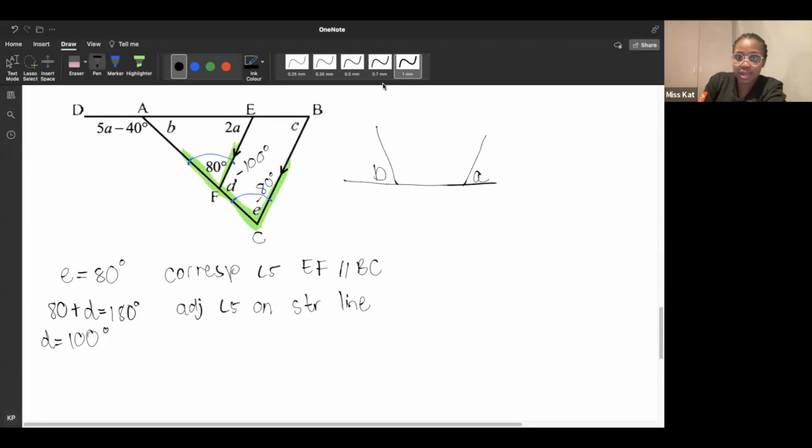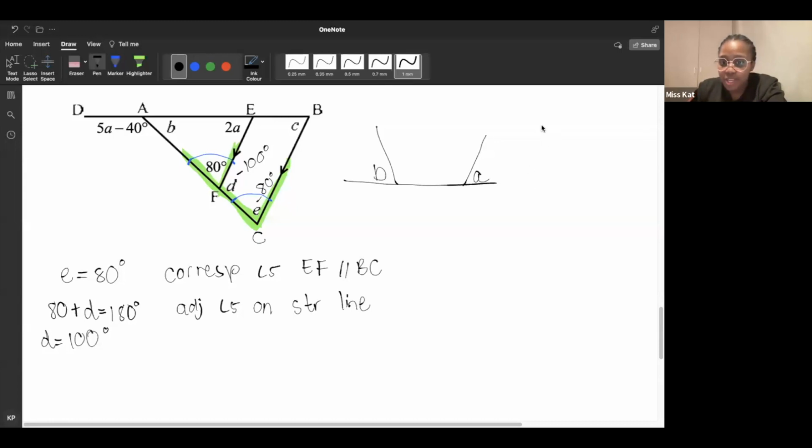Would you say they add up to 180? No. Exactly, but they are angles and they are on a straight line. You see that? Yes, ma'am. So we say adjacent to emphasize the fact that they are angles that are next to each other. Okay, yes, ma'am.